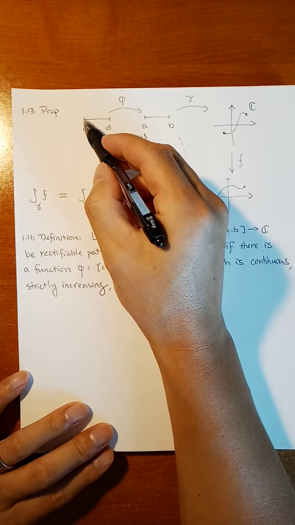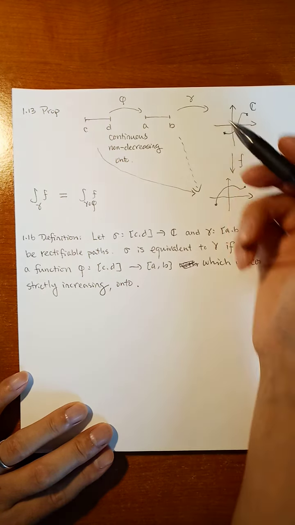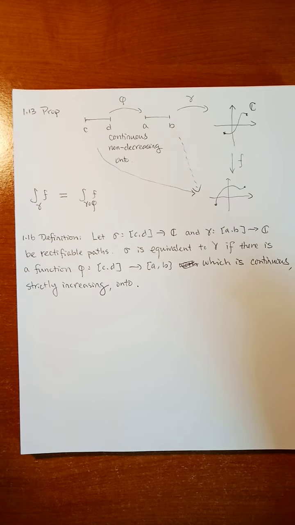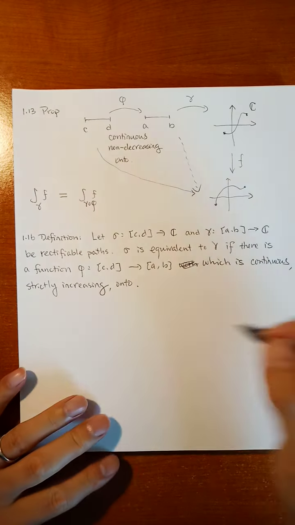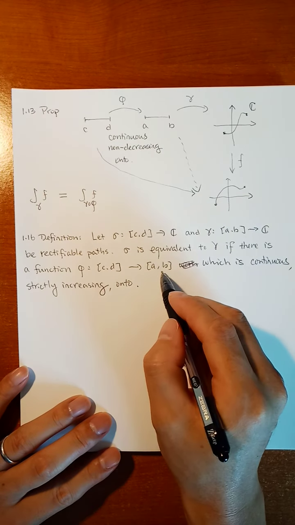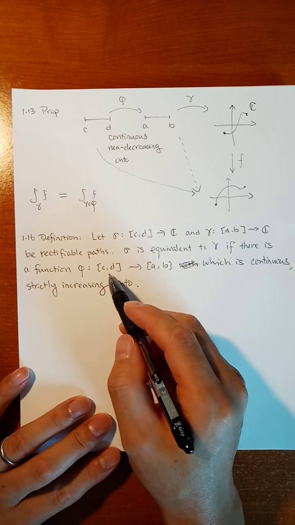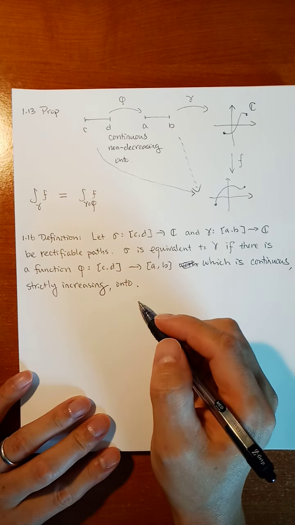Onto basically means it will map C to A and D to B, because of this strictly increasing condition. If such a phi exists between CD and AB, then we say those two paths, sigma and gamma, are equivalent.